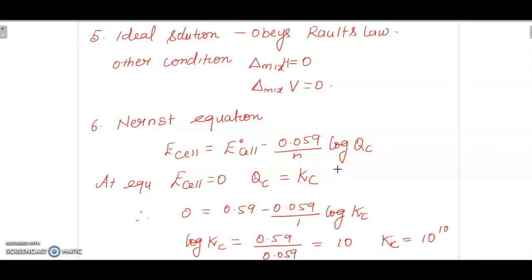But in the question itself, they have mentioned that the cell is at equilibrium, hence E cell becomes 0 and Qc will be equal to Kc. Substituting the values, log Kc is equal to 0.59 by 0.059, which is equal to 10. But remember, we need to calculate Kc, hence we take the anti-log, and Kc is equal to 10 to the power of 10.